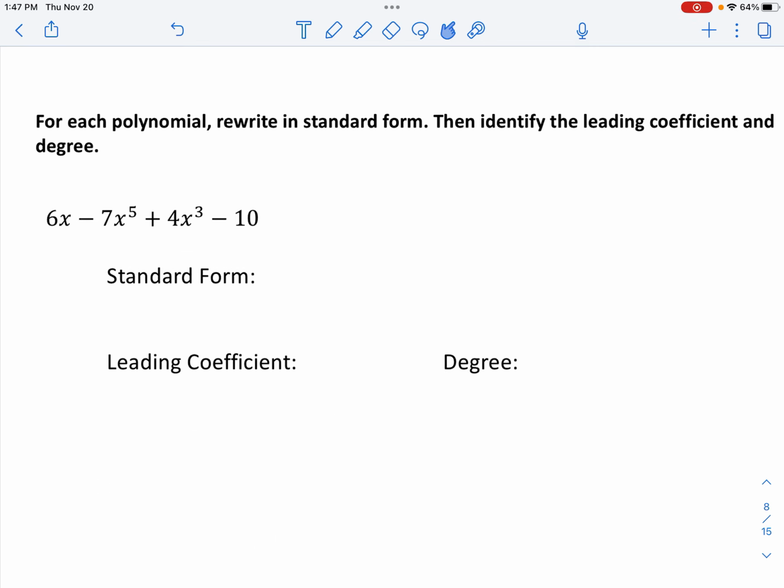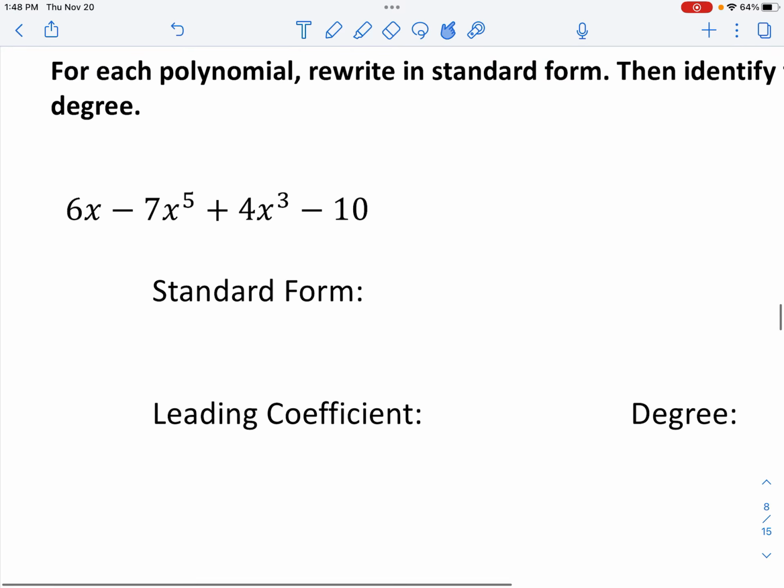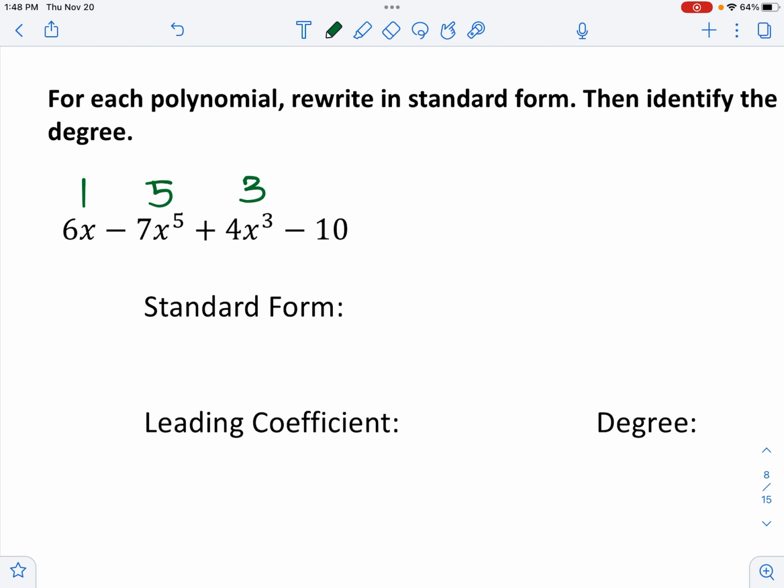So let's say I gave you this polynomial, and I said to write it in standard form. Well, what I want to do is look at the degree of each one of these terms. This is a 1, this is a 5, 3, and 0. And I would put them in order. Remember, the sign that's in front of the term always goes with it.